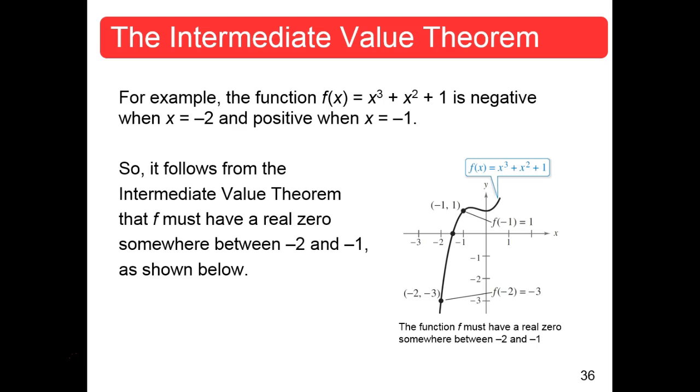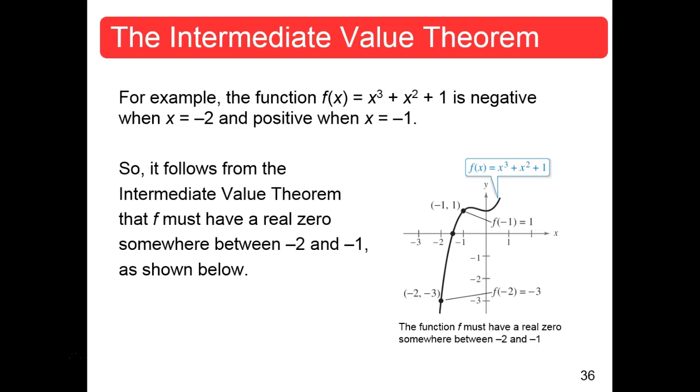What would this be? -8 plus 4 plus 1? -3. So I know we have to have a zero between x equal -1, which was positive, and x equal -2, which was negative. Ha! And that's what they say too. This is negative when x equals -2, positive when x equals -1. So you know you've got to have a zero in there.